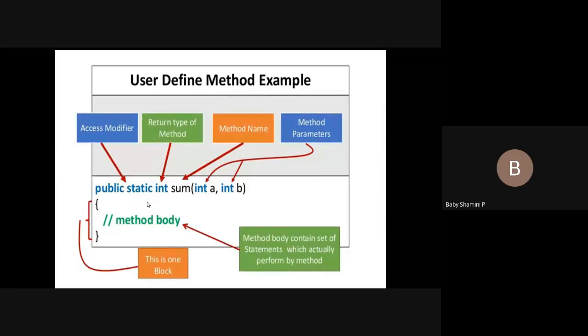We can use any return type based on our input value. Next one is method name or function name. Next one is method parameters, because this is a function definition, and a function definition contains parameters. Inside, we write statements to execute the particular task, that is the method body.